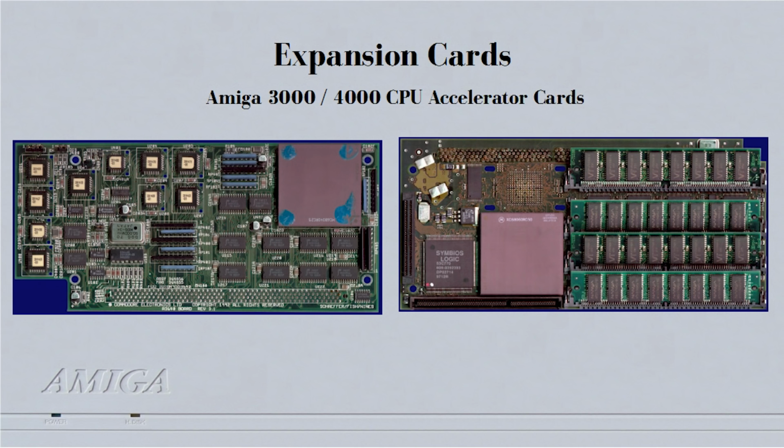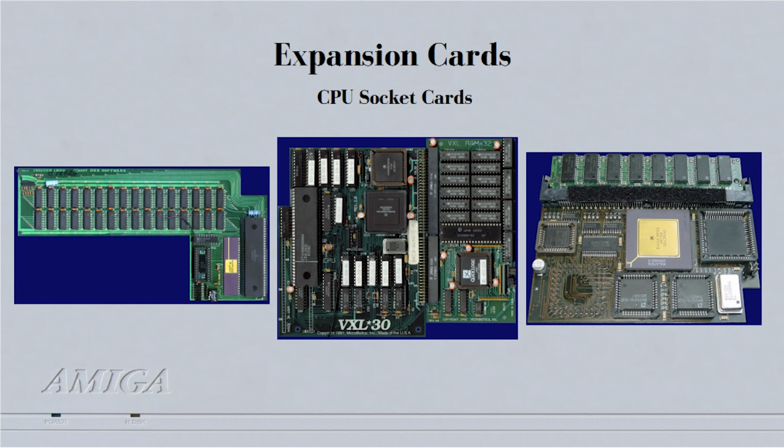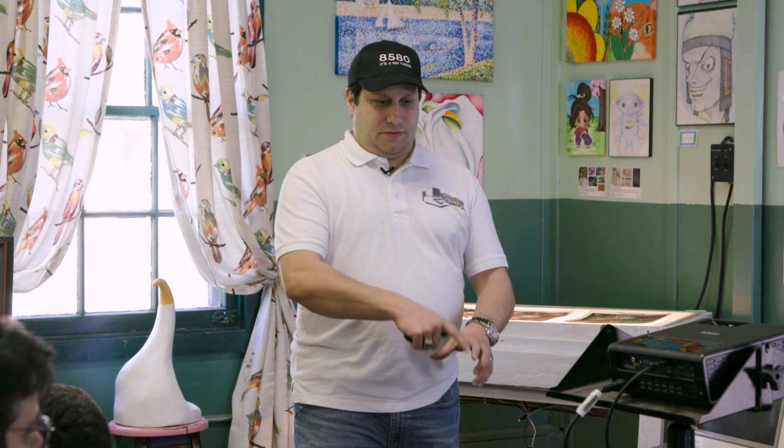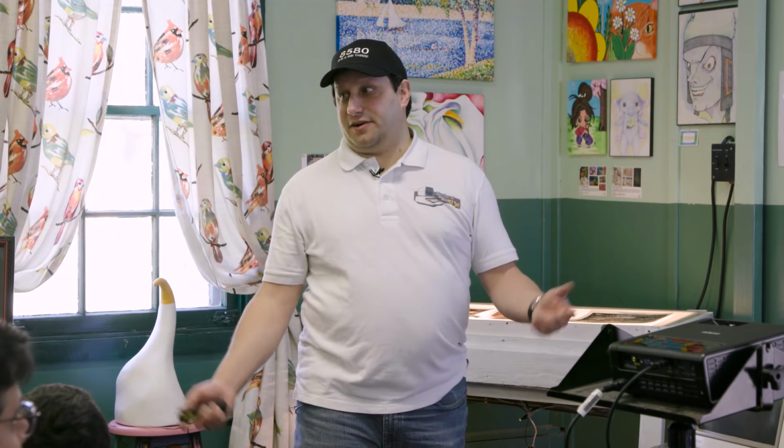If that card's bad, the machine's not going to boot. Then CPU socket cards, like the Insider RAM board, a popular one for the 500 and 1000, where you take the CPU out on socketed machines and drop in the board and the CPU. Of course, if that board goes bad, chances are the machine's not going to boot.